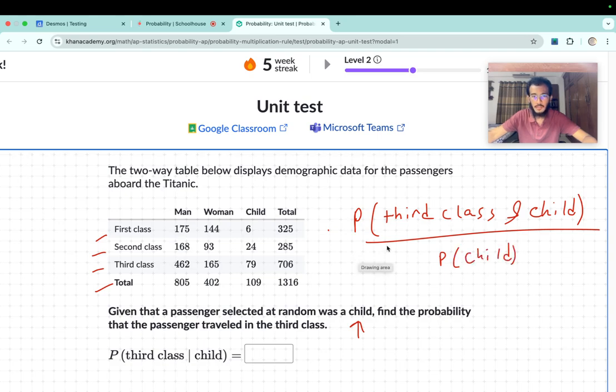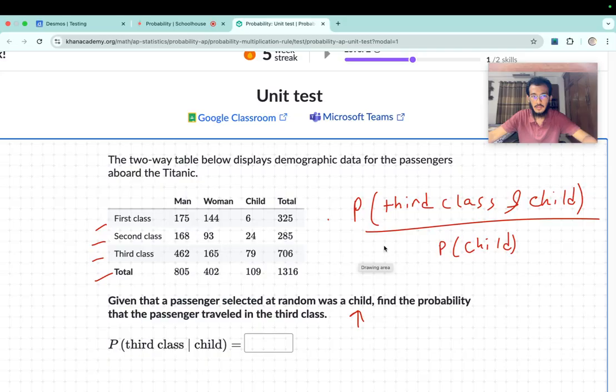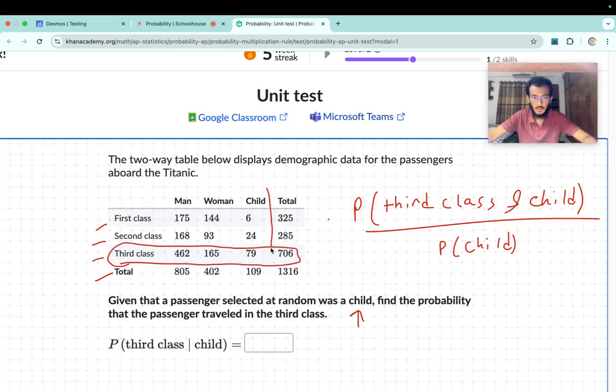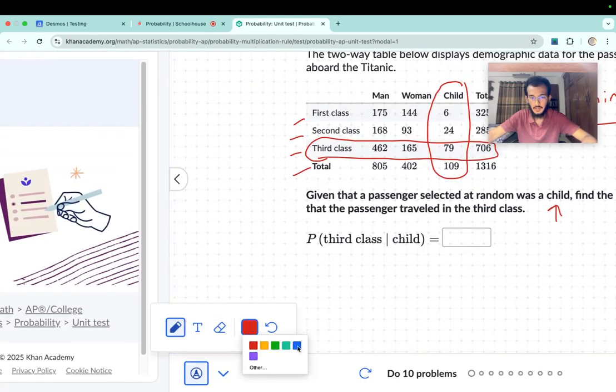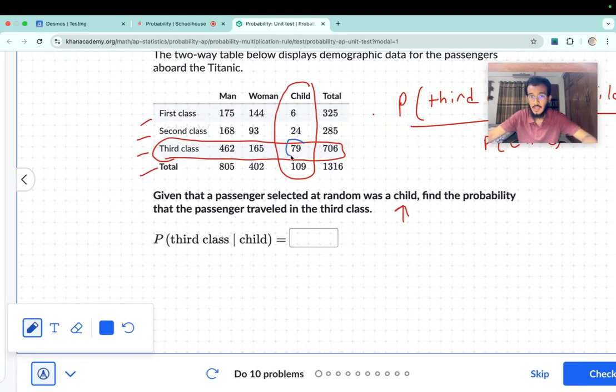Now, what is the probability that the passenger is traveling both third class and child? We look at this row here and this column here. The intersection is the value that we are interested in, which is 79.